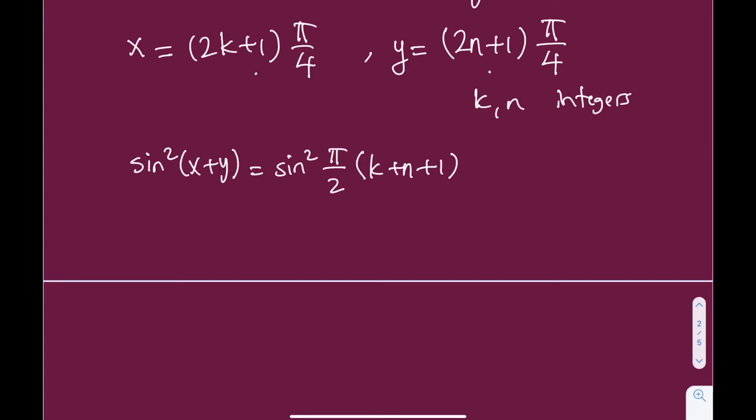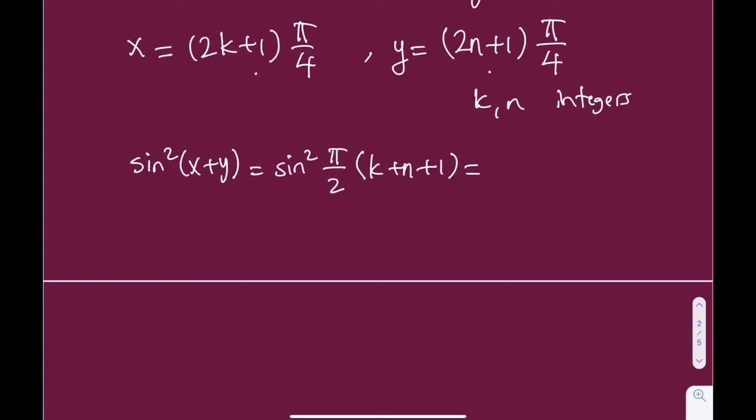So that's the value of x plus y after simplifications. And as you know, if k plus n plus 1 is an even number, then you're dealing with even multiples of pi over 2, which is like pi or 2 pi and so on and so forth. So what's going to happen at those points?